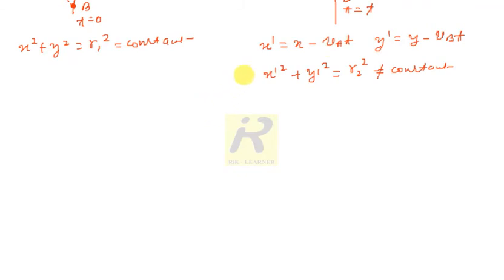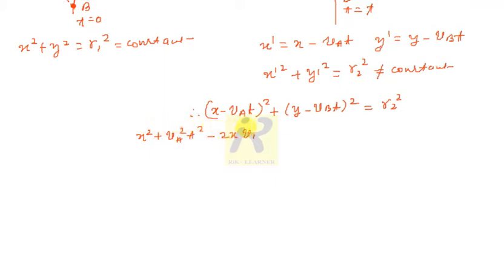Therefore, I can write x minus va into t whole square plus y minus vb into t whole square equals R2 square. If I expand it further, it will be x square plus va square t square minus 2x va t plus y square plus vb square t square minus 2 y vb t, which equals R2 square.